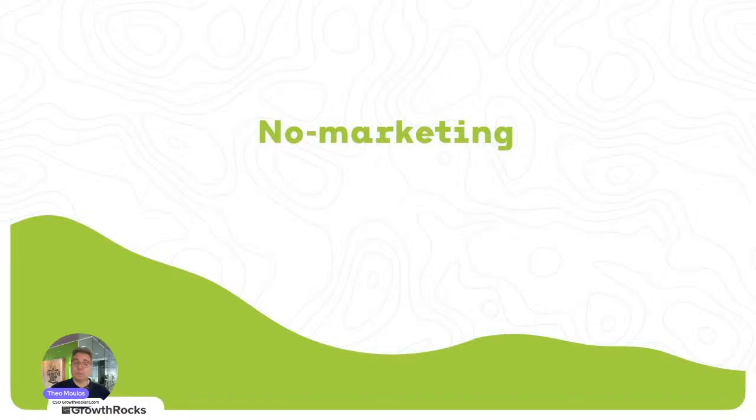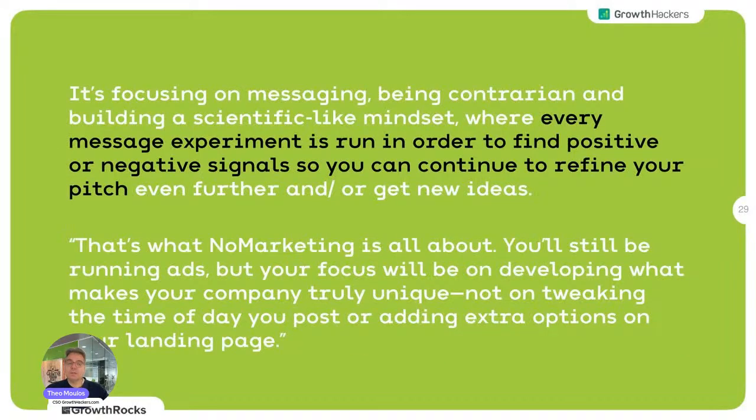Now, the next one is something that we call no marketing, another theory that inspired us to come up with the micro-monopoly approach. It is nothing more than believing that every single experiment is happening because we need to find positive or negative signals.